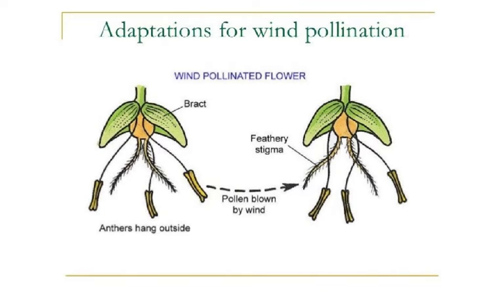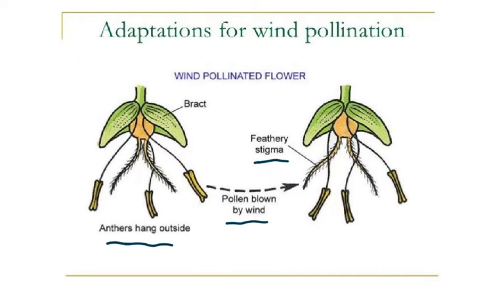Now here is a diagram of a wind pollinated flower. In the wind pollinated flower, there are not any large petals, there are greenish looking structures which sometimes are called bracts. And then you can see the anthers are hanging outside, and it has a feathery stigma. The pollen is blown by the wind, and the anthers are large and dangling outside the flower.